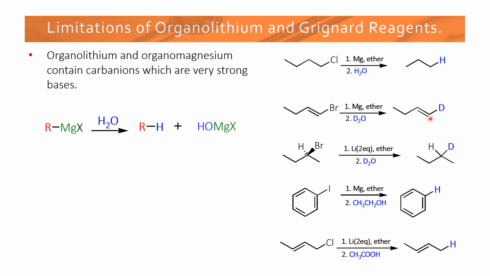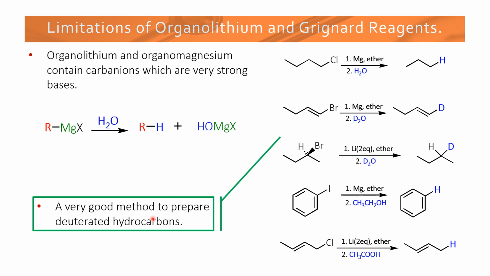The same thing with the lithiated species. Here you can see we generated benzene from this aryl halide. Here, of course, we have an allyl halide. We end up with the alkene. Herein, you can see that we have a good method to generate deuterated hydrocarbons.